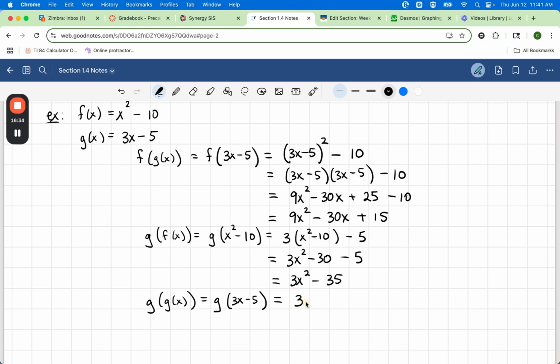So 3 times, replace that x with 3x minus 5, then that minus 5 is still hanging around at the end, right? See what just happened there? I put 3x minus 5 in for that x. Then distribute, so 9x minus 15 minus 5, we got 9x minus 20. Final answer.